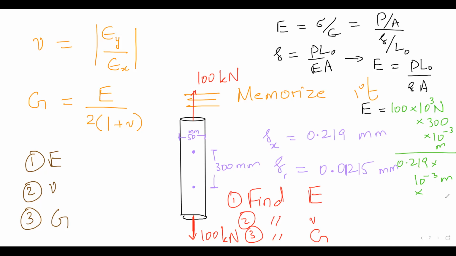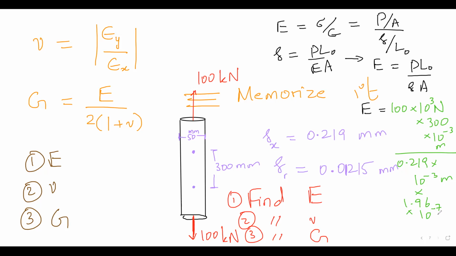What is the area for this 50mm chunk? Pi d square by 4. Anyone did that? Finding area, yeah, 1.96. 1.96, pi d square by 4. Why don't you write it in your notes? Into 10 power minus 7. Correct?